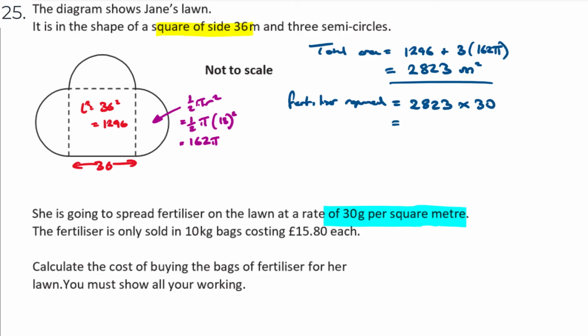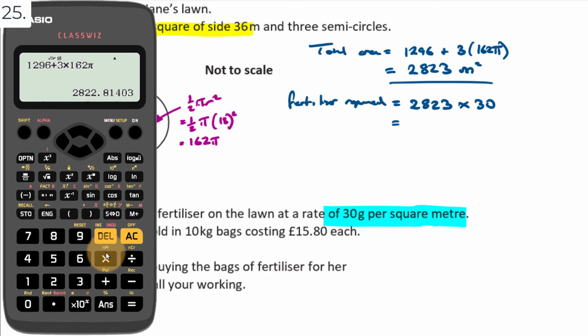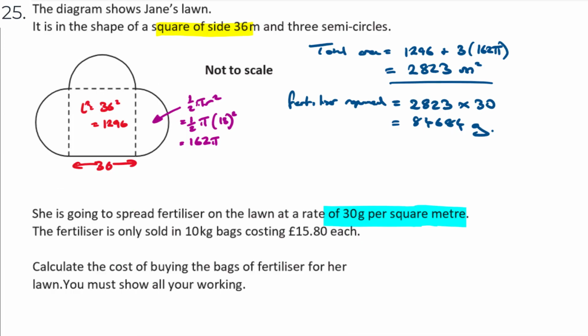Multiplying those together will tell you how many grams of fertilizer she needs. Times that by 30, that comes out to be 84,684 grams.